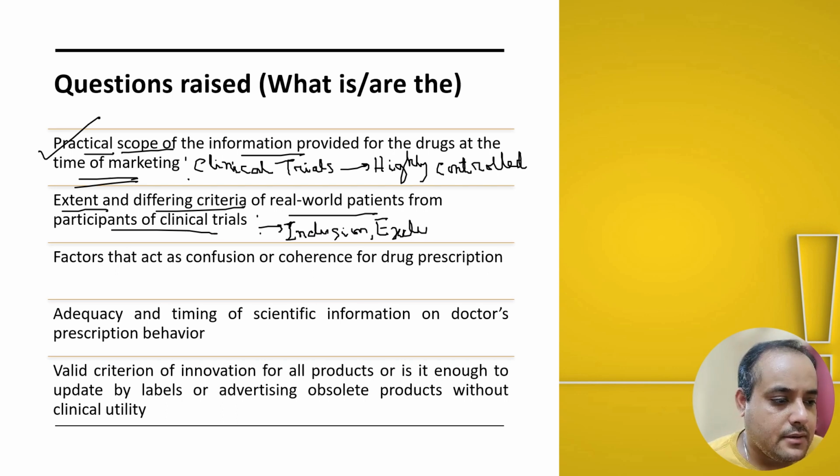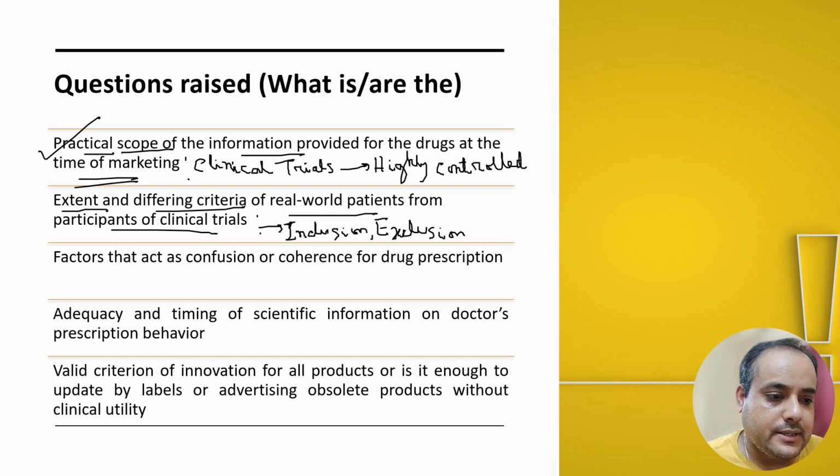They have been rejected from the study based on some exclusion criteria. But those inclusion and exclusion criteria may not be a part of the real world. Right? So that is why we have to know what is the differing criteria between the real world patient and the patients that existed in the clinical trials.